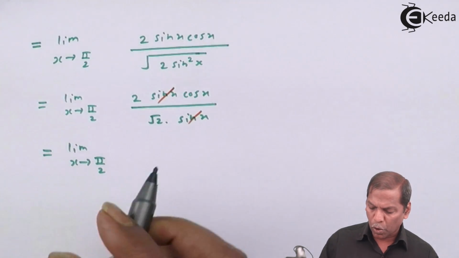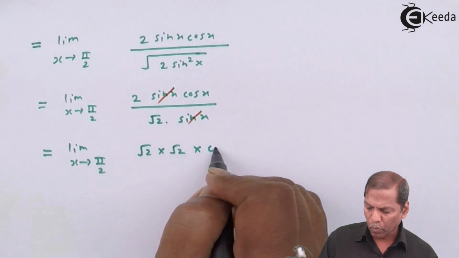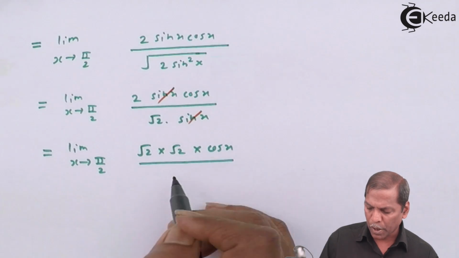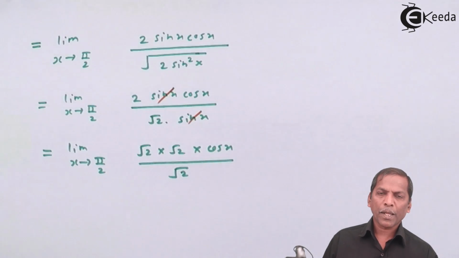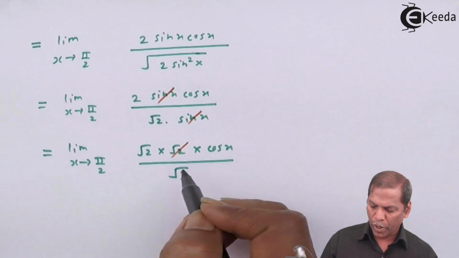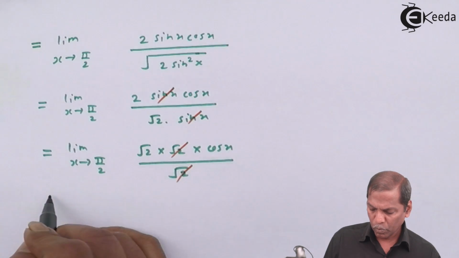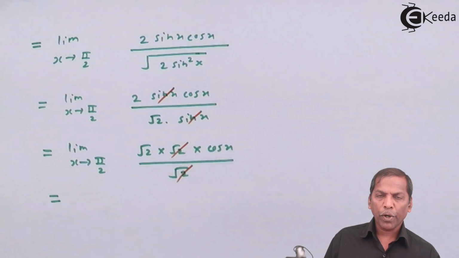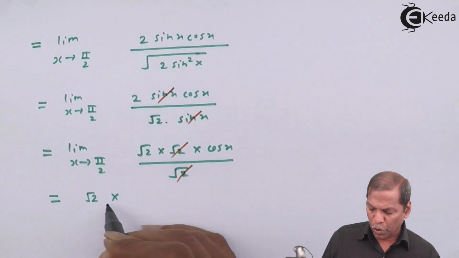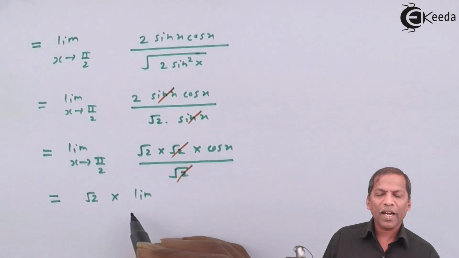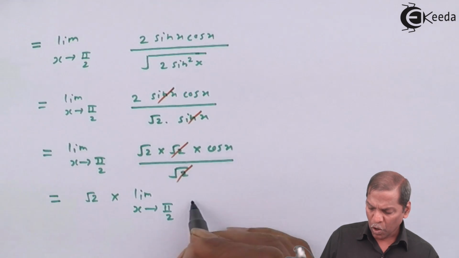Also the 2 can be written as root 2 into root 2, into cos x we write as it is, and upon root 2. Now again here we cancel root 2 from numerator and denominator. So that is equal to, now here root 2 is a constant term, so we take it outside the limit. So we are left with root 2 into limit x tends to pi by 2 cos x.